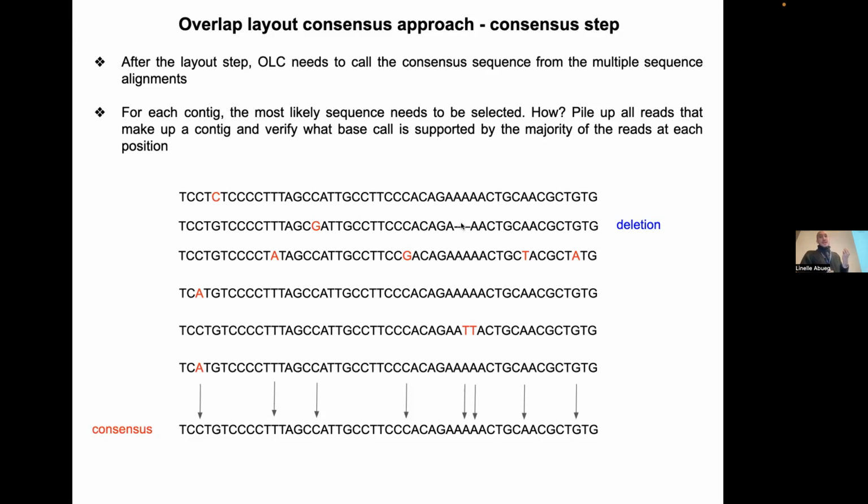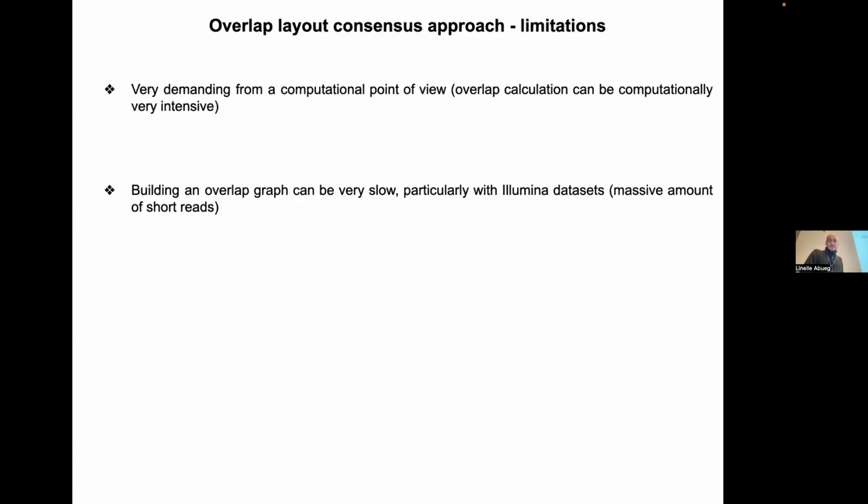For instance, here we have a deletion that is only present in one of the reads within this overlap graph. So we decide to keep only the majority and disregard the deletion, and of course all these point errors here and there also get removed in the final consensus.